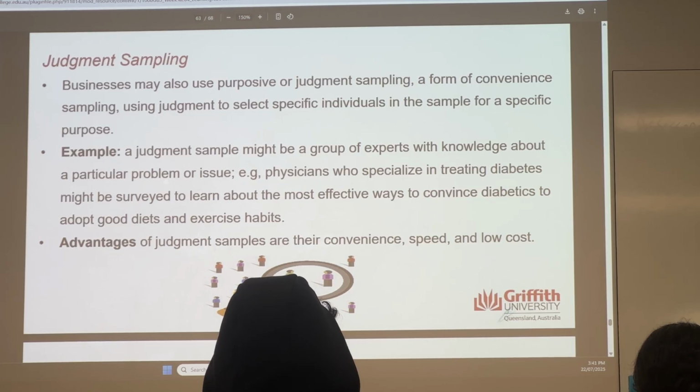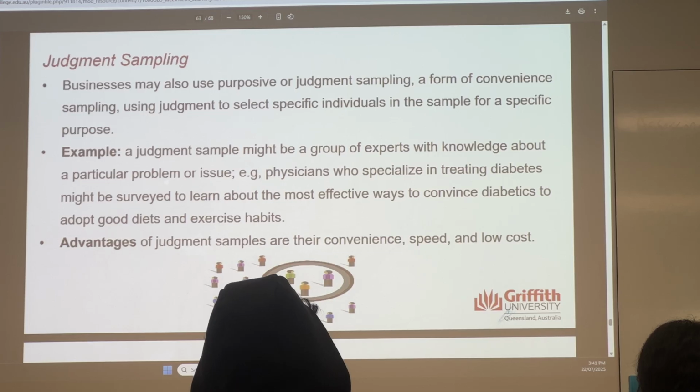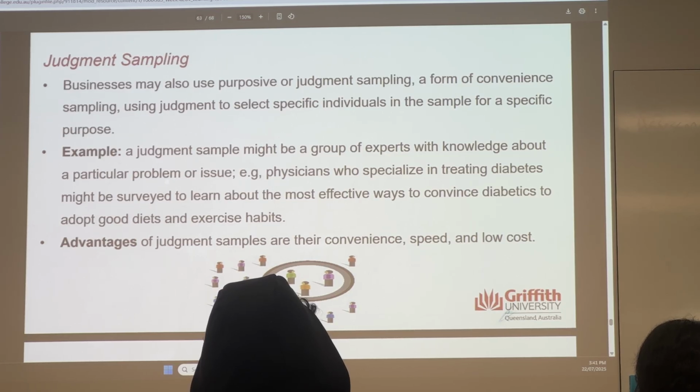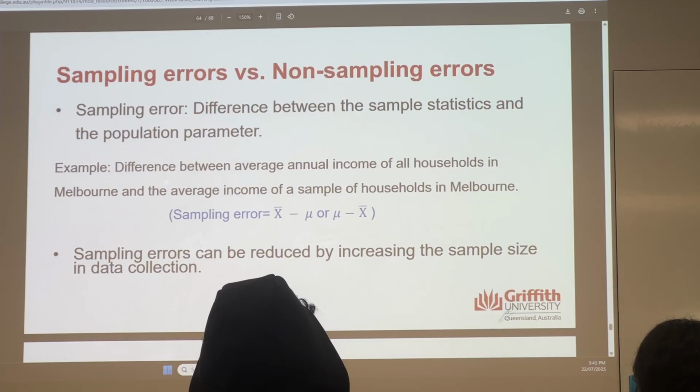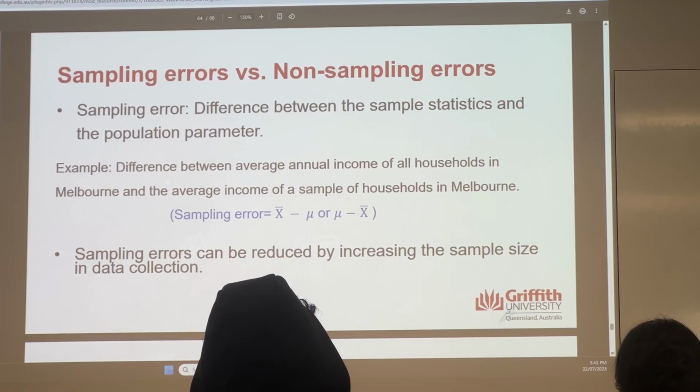There is an expert with knowledge. If you want to see sharks, where do you see sharks? If you want to see whales, experts have that knowledge. So these methods have their weaknesses and advantages.